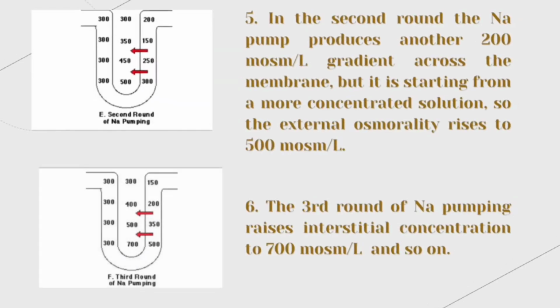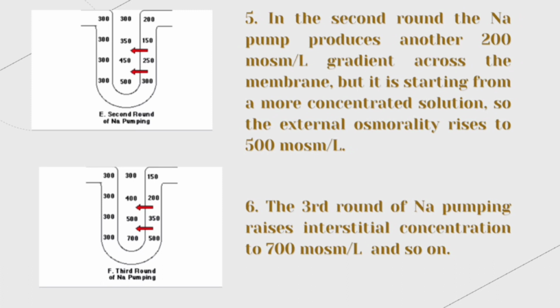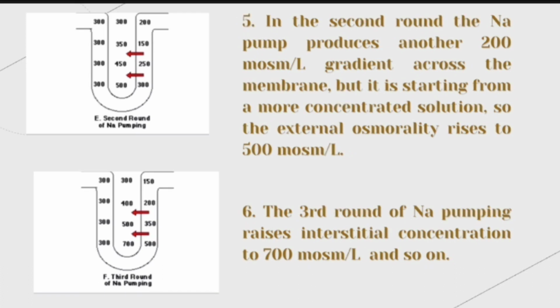In figure E, we have the second round of Na pumping. In the second round, the Na pump produces another 200 milliosmoles per liter gradient across the membrane, but it is starting from a more concentrated solution, so the external osmolarity rises to 500 milliosmoles per liter.